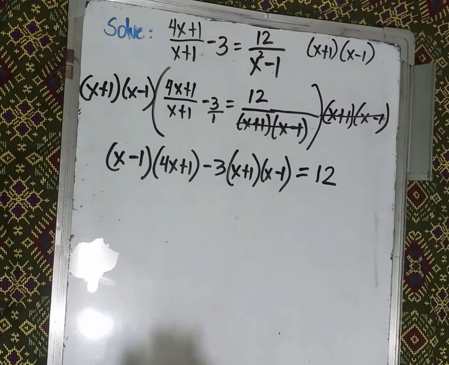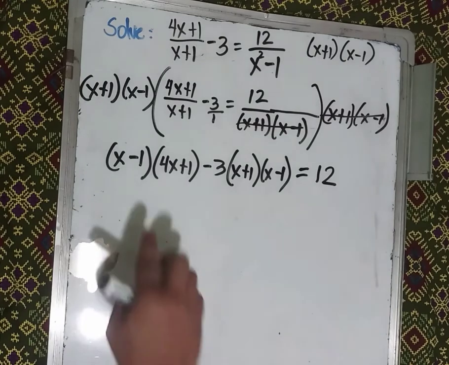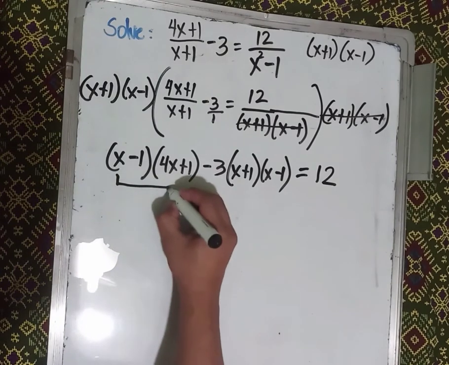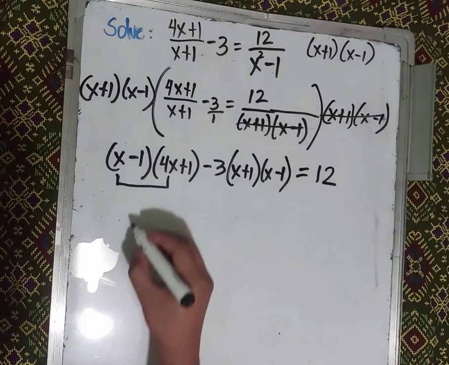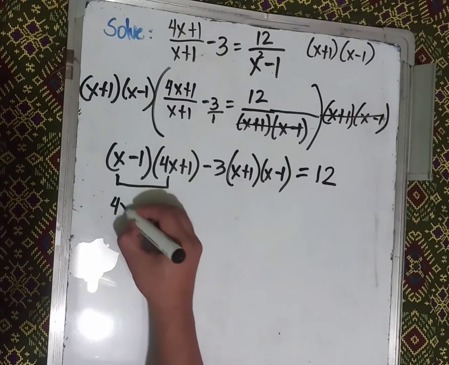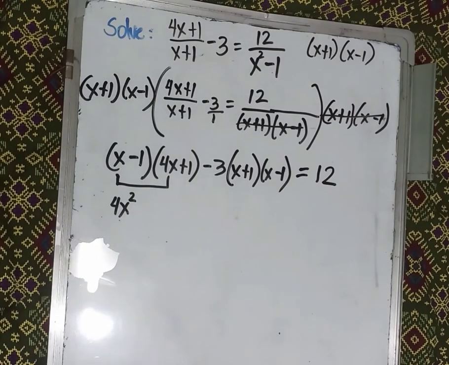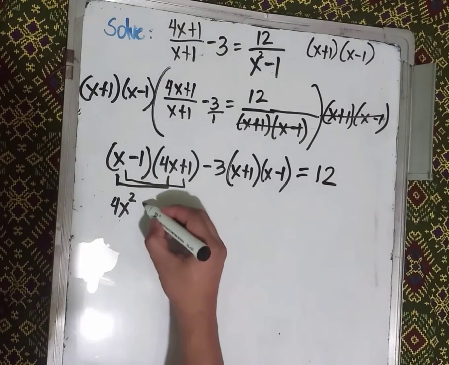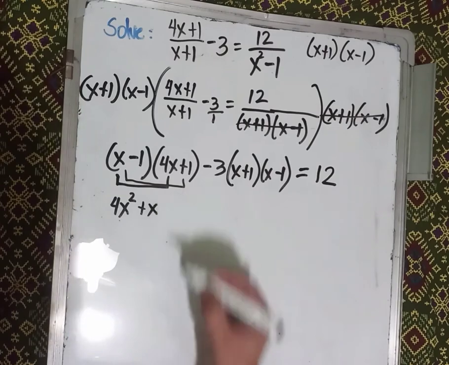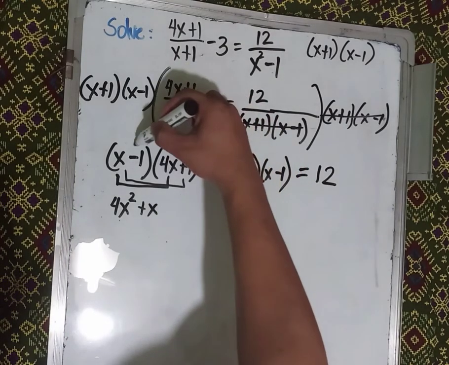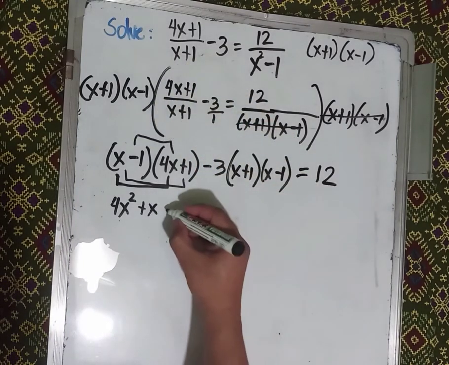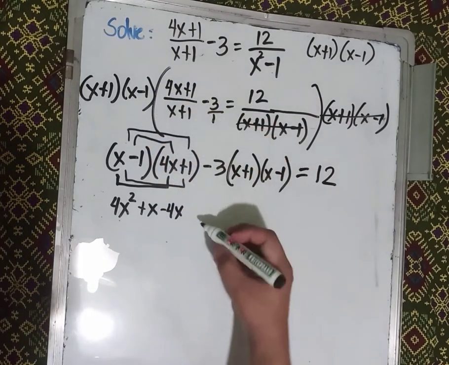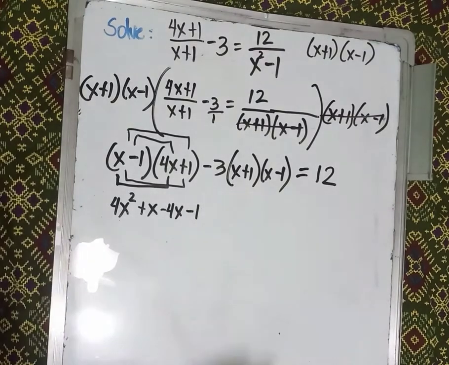Next, we need to simplify our answer. This one, we will use the FOIL method. So x times 4x, okay, very good, that is 4x squared. Next, x times 1, okay, that is positive x. This one, negative 1 times 4x, negative 4x. The negative 1 times positive 1, that is negative 1.